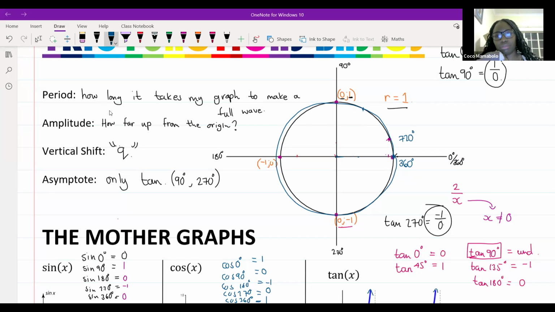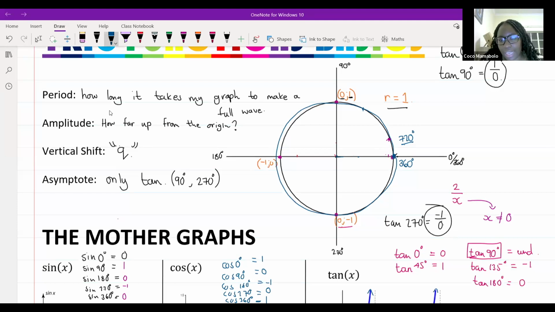180, I think. No, not quite. Saneliso says 2.5. I don't know about 2.5. Okay, let me see if everybody's in agreement with me. If I need to go to 720 degrees, if I start at 0, I'm going to go all the way around, and then I'm going to land at 360 again.